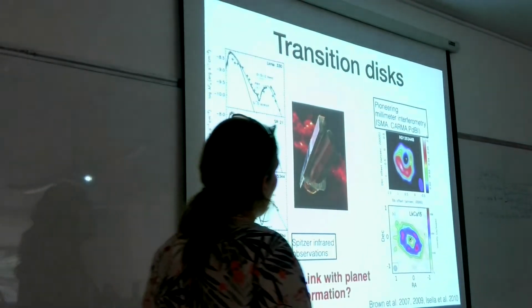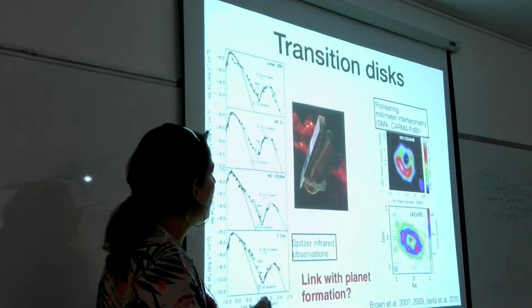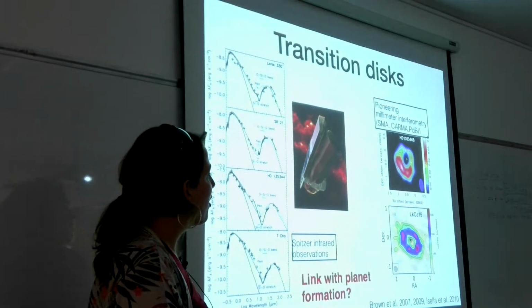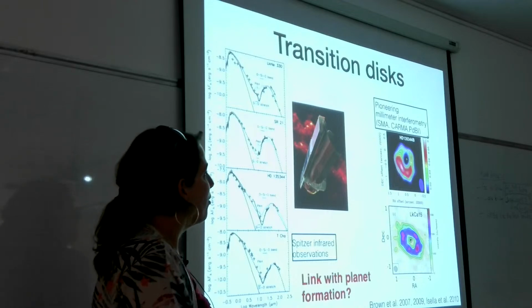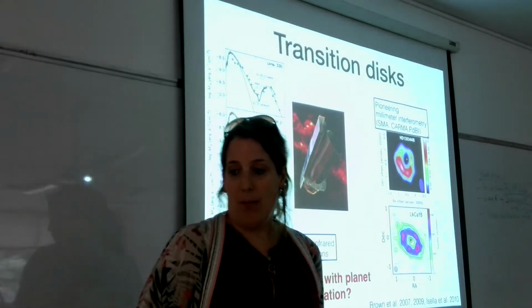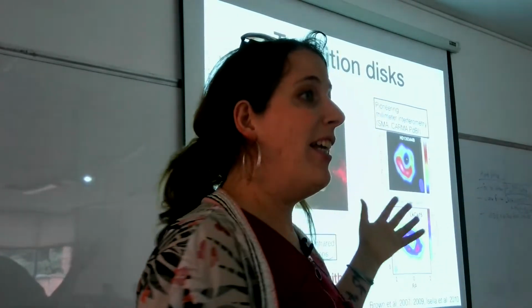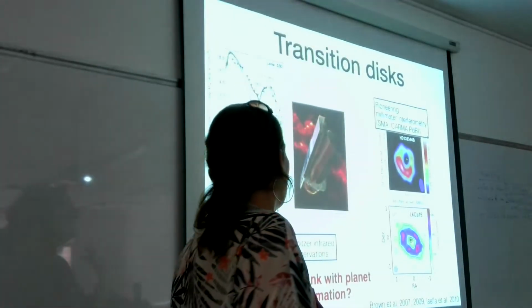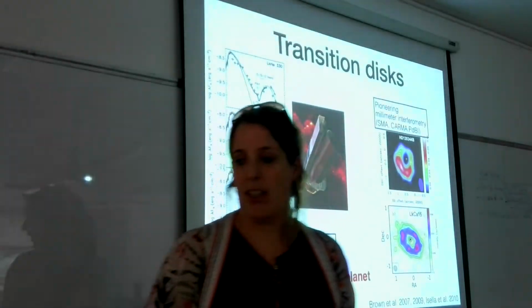Some of the brightest ones were followed up with these early interferometers, revealing that there was indeed a gap in the dust distribution. But this was mainly just confirming that there's really a gap there. It didn't really reveal anything yet about the origin of this cavity.